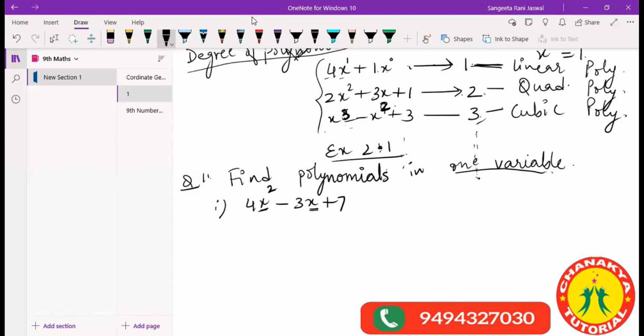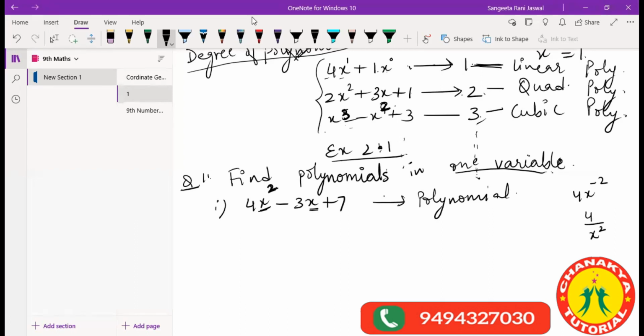Okay, so this is a polynomial with one variable, right? Are you understanding this, children? Ma'am, I have a doubt. What happens if the variable has negative powers? If the variable has a negative power, then it will go in the denominator. Suppose you have 4 raised to power minus 2, I'm just saying with this, then your variable will go to the denominator.